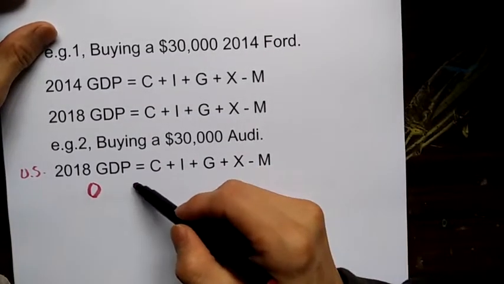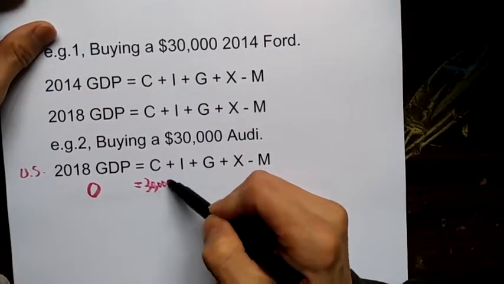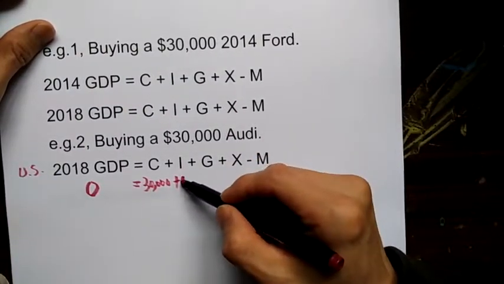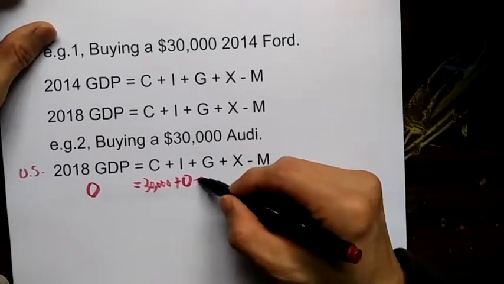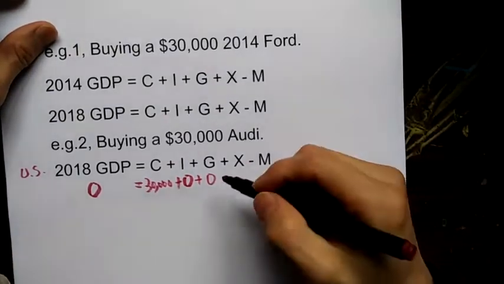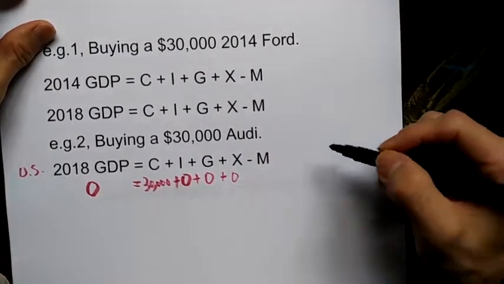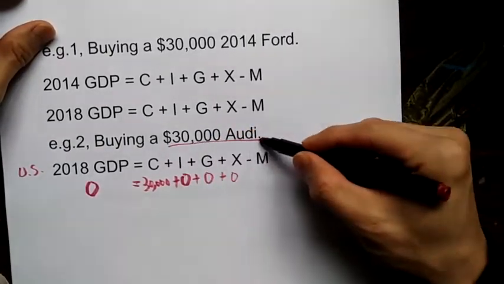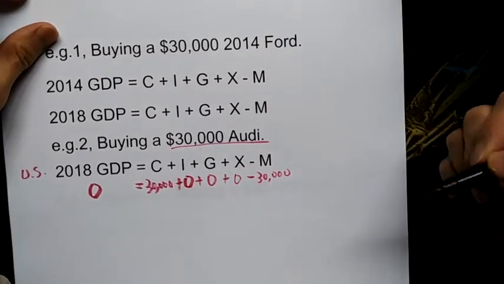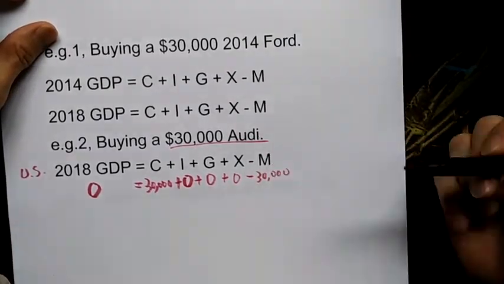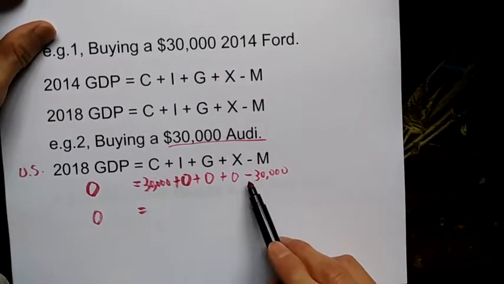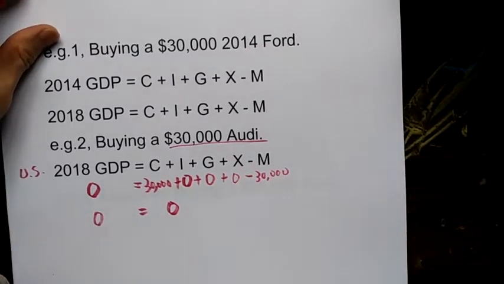Did you buy this car? Yes. This is not US firm's expenditure. Government does not buy it. It is not an export, but it is an import from Germany. Therefore, import is $30,000. Do you see that? That is why we have to minus import. Therefore, 0 is equal to $30,000 minus $30,000.